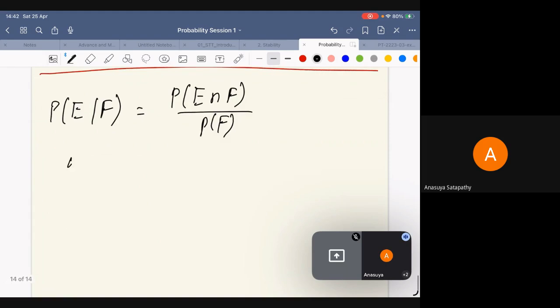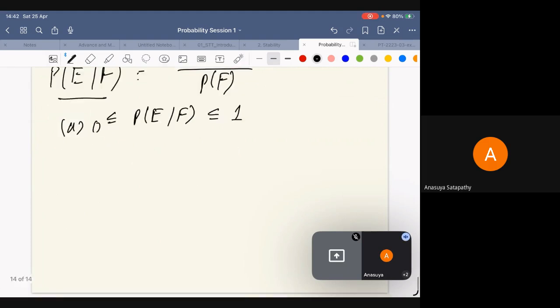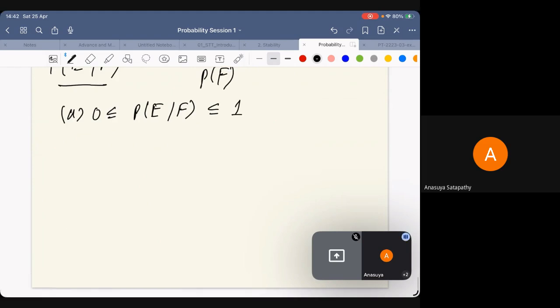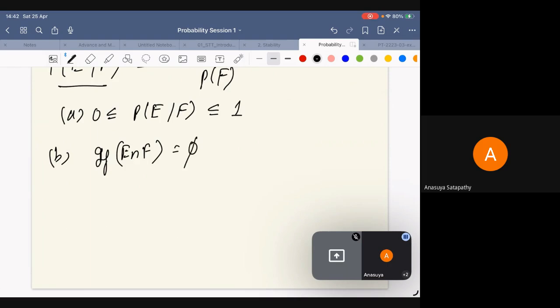What are the conditions? The probability of E given F must be between 0 and 1. Second condition, if E intersection F is phi, meaning they are disjoint events, then probability of E given F will be 0.